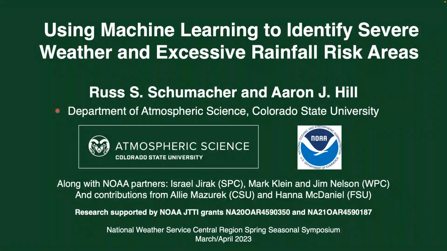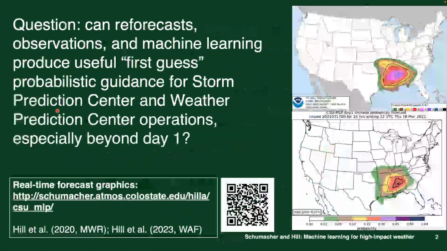So yeah, big thanks to our NOAA partners, Israel Jirak at Storm Prediction Center, and Mark Klein and Jim Nelson and others at Weather Prediction Center, and Ali Mazurek, grad student here at CSU, and Hannah McDaniel was our REU student last summer, and of course, big thanks to the JTTI program for supporting this over several years.